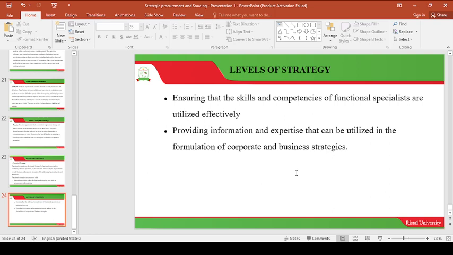So this information can be utilized in the formulation of these strategies. So information from the procurement department, information from the operations or marketing department or sales can be essential for formulating these strategies.